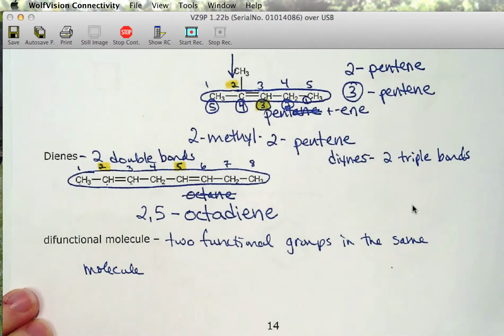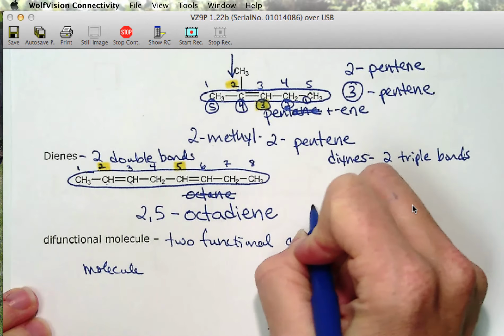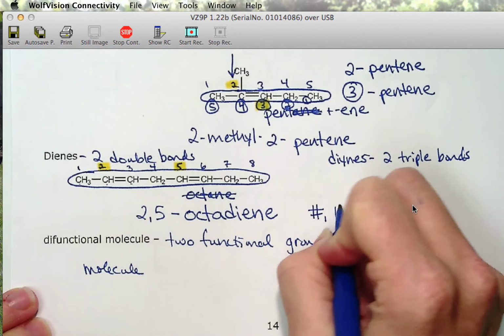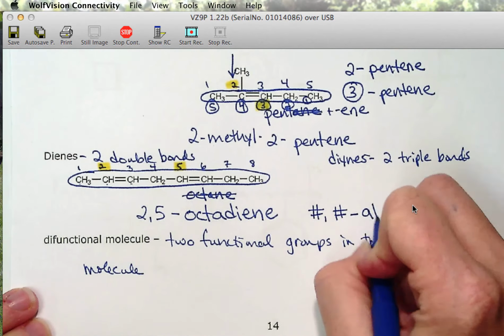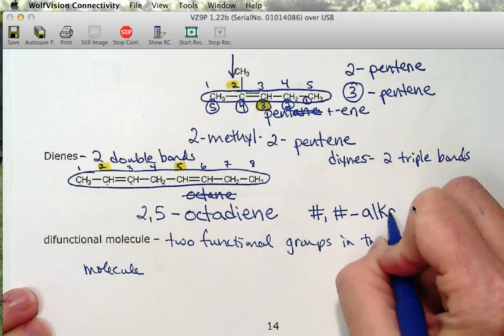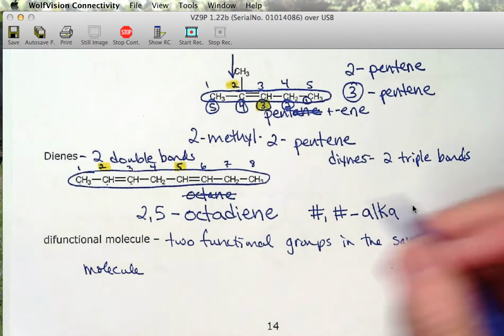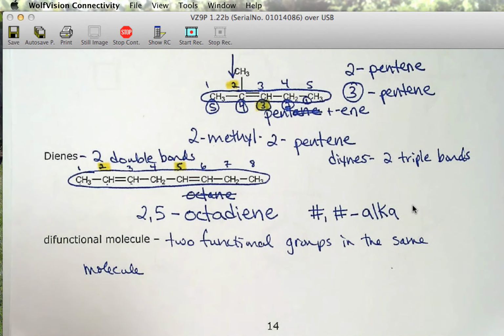But I wanted to show you the general name for dienes: alka, like alkane, whether it's propa, butadiene, pentadiene, hexadiene. So it's the root with the A plus the diene.